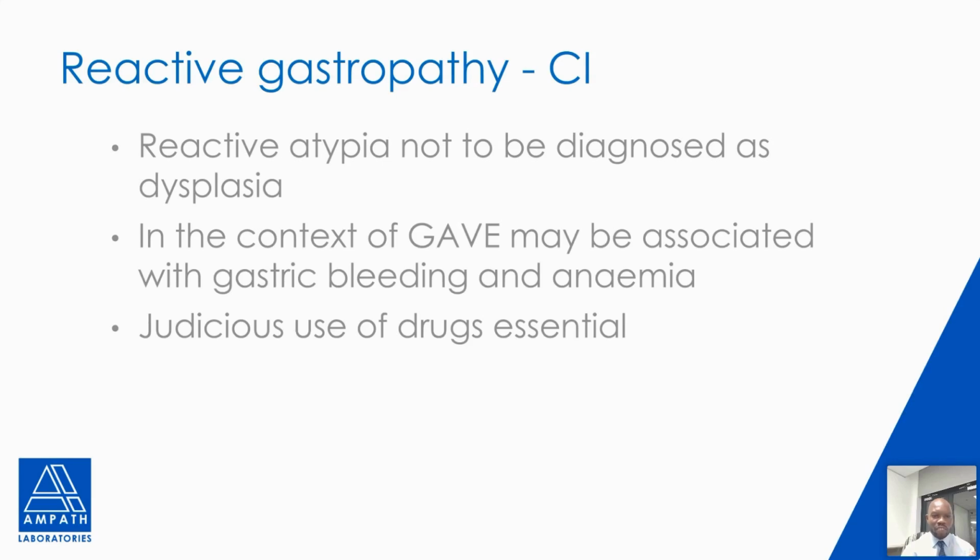We look out for the presence of, if it's due to GAVE, for example, we identify the fibrin, but also the clinical history where the clinician may say they have seen a watermelon stomach. Then that helps us to quickly make that diagnosis, and we can move to the next patient and help the next patient as well.